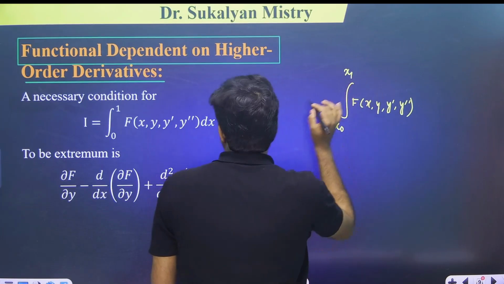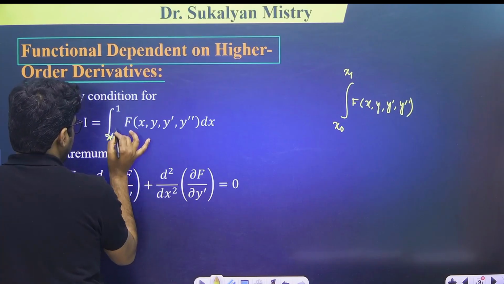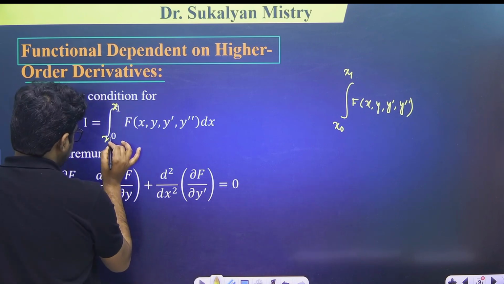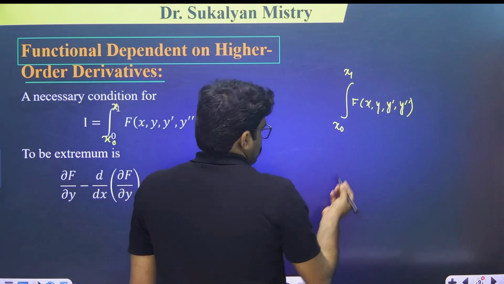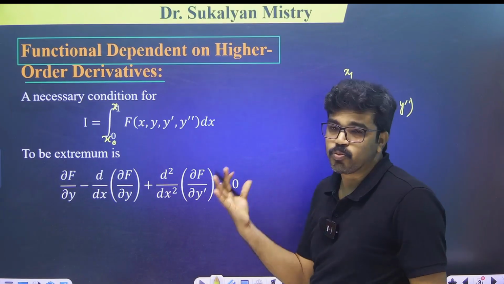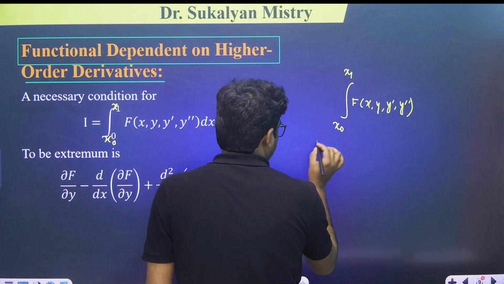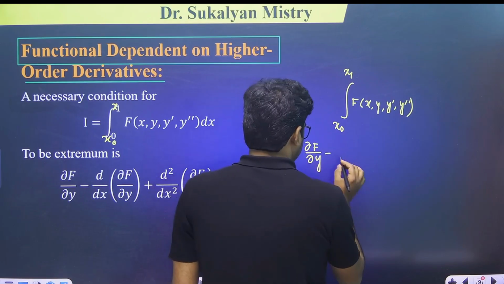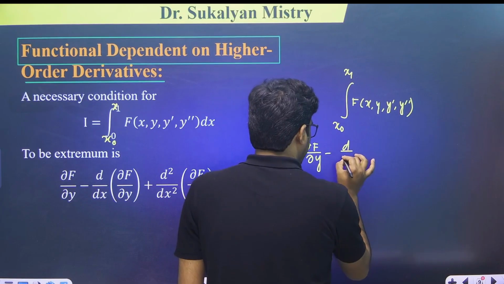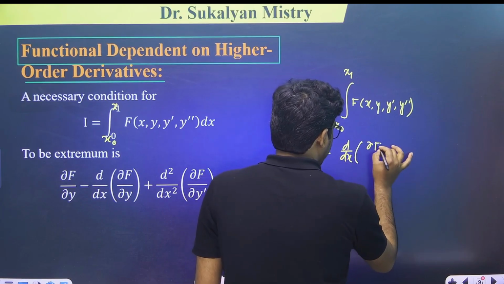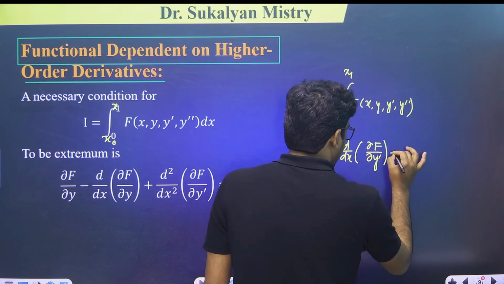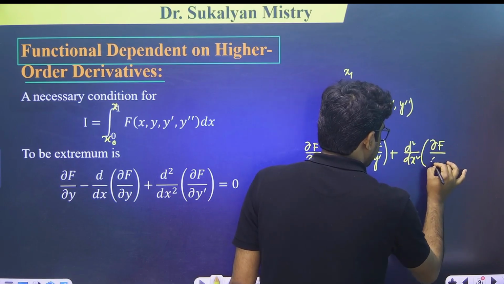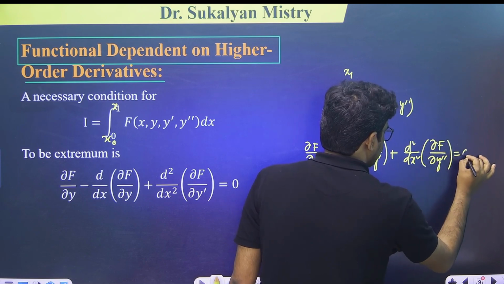Then for this functional to be extremum, del f del y minus d dx of del f del y dash plus d2 dx2 of del f del y double dash is equal to 0.